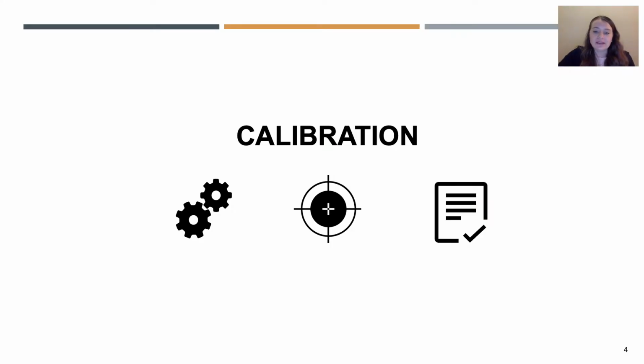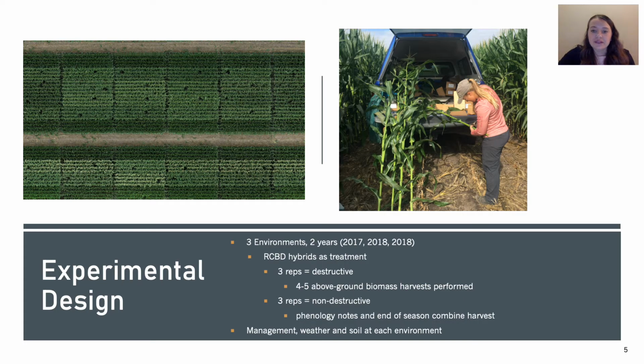So the first step is calibration of the 15 hybrids. We grew out these hybrids in 3 different environments in Ames, Iowa, across 2 years in an RCBD and performed 4 to 5 in-season biomass harvests.